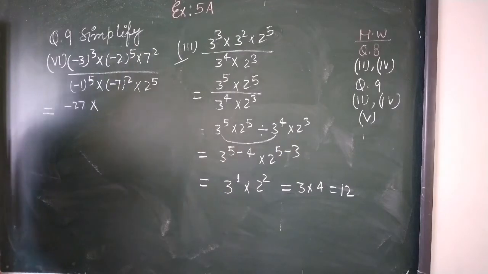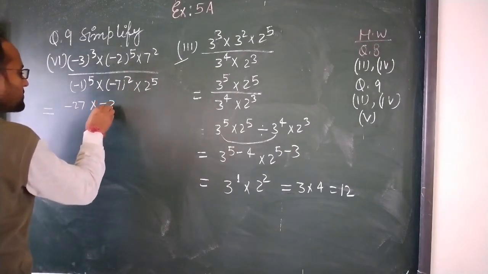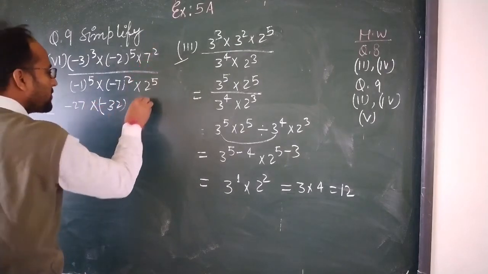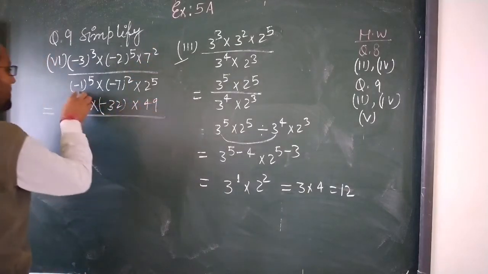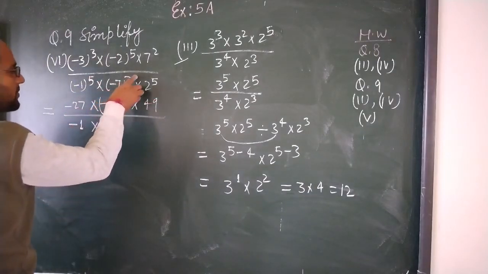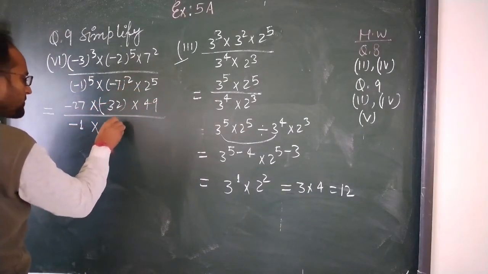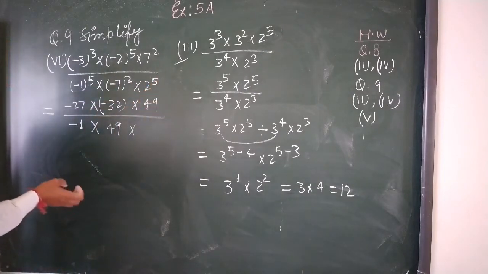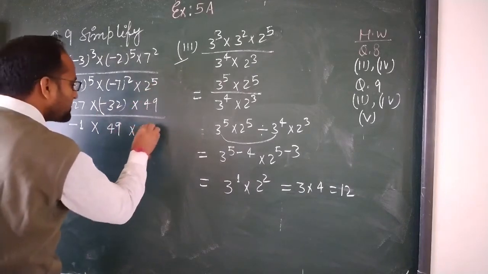Okay, minus 32, so you will write it in bracket, and 7 to the power 2 is 49. Minus 1 to the power 5, minus 1, multiply by 7 to the power 2, you will get plus 49. Okay, and 2 to the power 5 means 2, 4, 8, 16, 32 with plus sign.